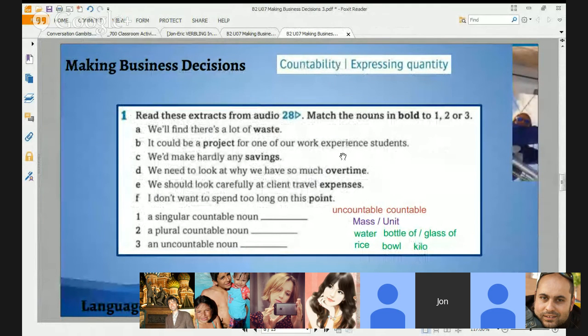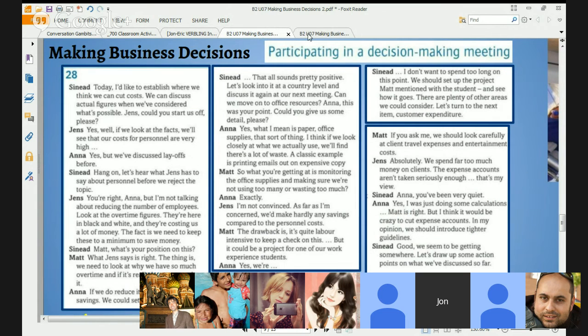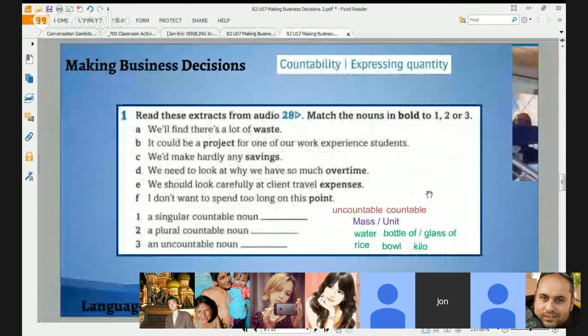I want you to be able to see the original context of where we got some of these from. Tell me the words that are in bold if they fall into the mass or unit column. In other words, are they uncountable as mass or countable as units? And then we'll go back and take a quick look at where they were in the original text if necessary. We'll find there's a lot of waste.